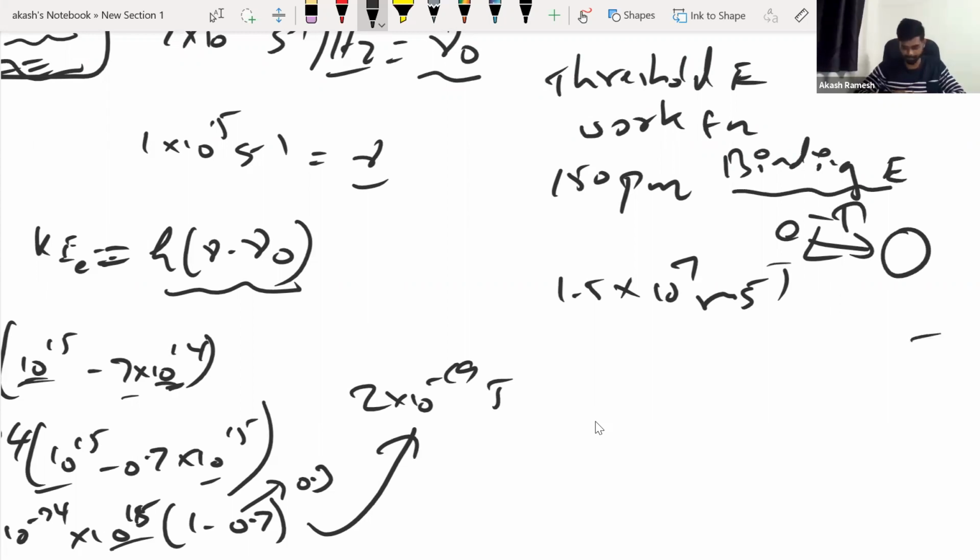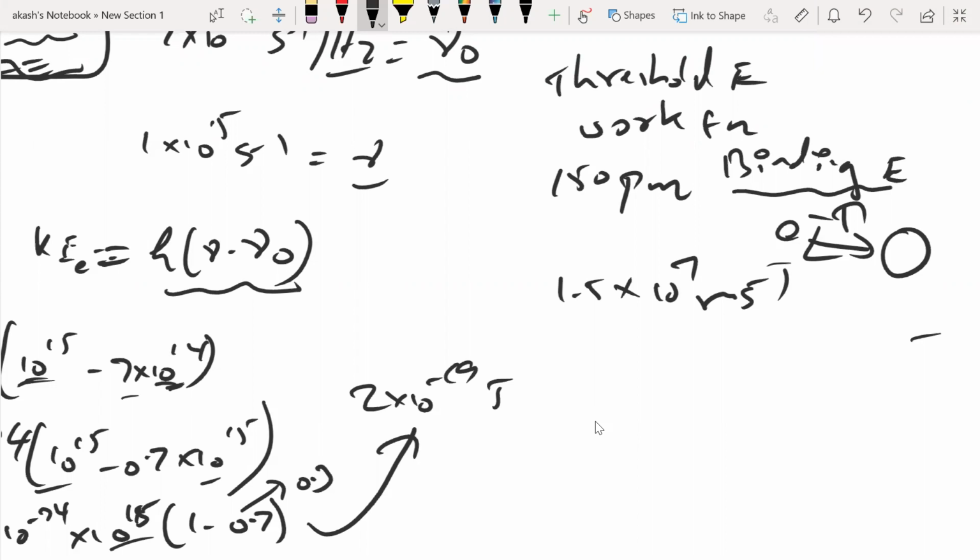Sir, they should mention the velocity of the photon, right? Yes, the velocity of the incoming light. Why do you need the velocity of that?